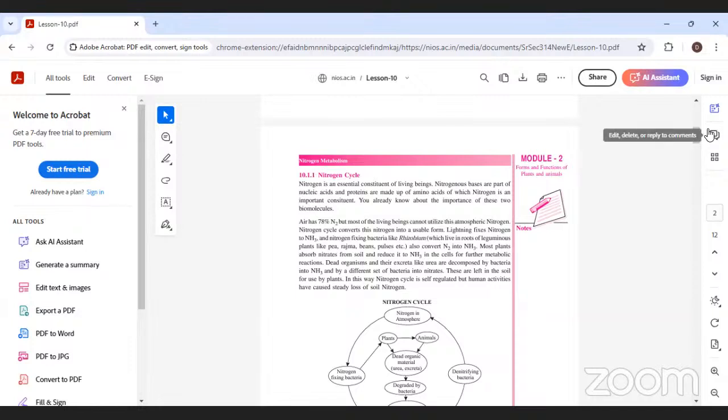Nitrogen is essential as it is part of nucleic acids, amino acids, proteins, enzymes, vitamins, and chlorophyll. No doubt nitrogen makes up the greatest part of the atmosphere, but green plants can use little or no atmospheric nitrogen, N2, in their synthesis.